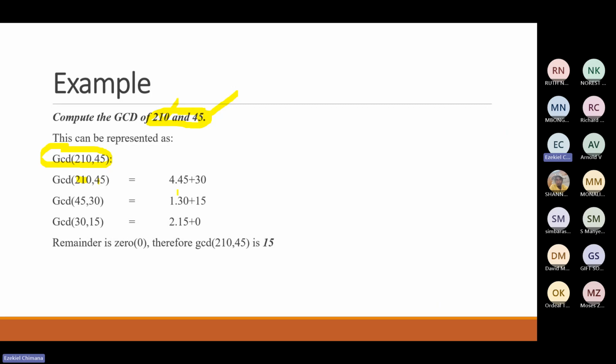That's why we have 4 times 45, and it's 4 times 45 plus 30. So 45 into 210 gives 4, and the remainder R that we are looking for is 30.